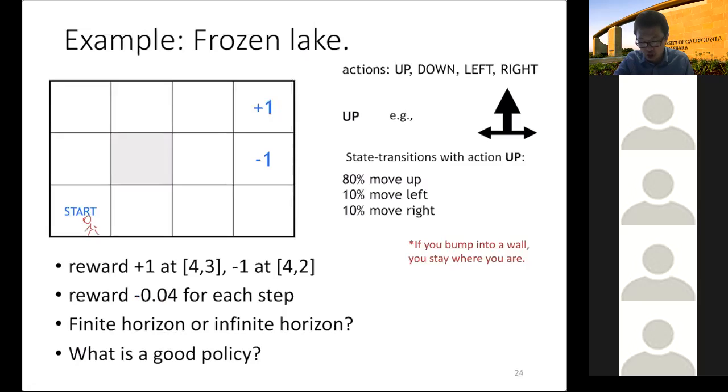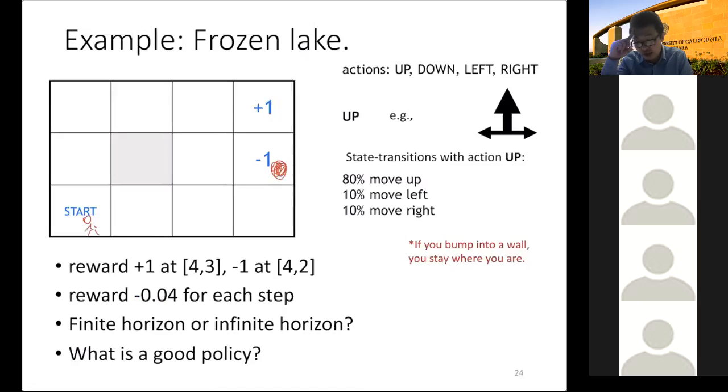Maybe this is a hole. If you step on this, you will fall into the lake. And this is maybe the goal, the bank of the lake where you'll eventually be safe, or some reward, some treasure chest that this agent wants to find.